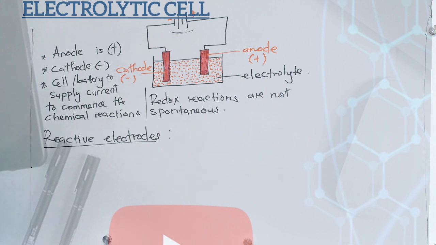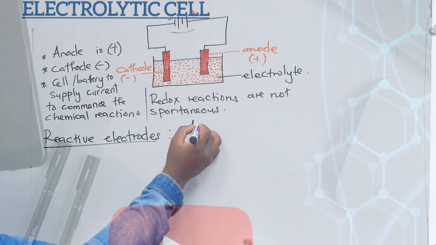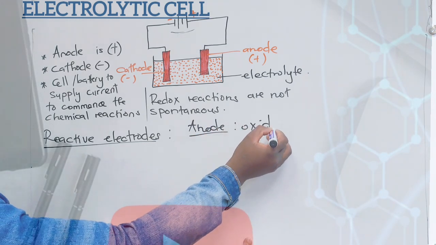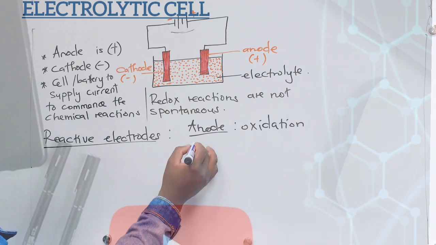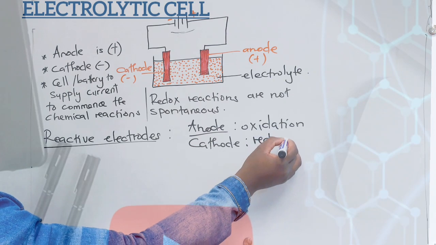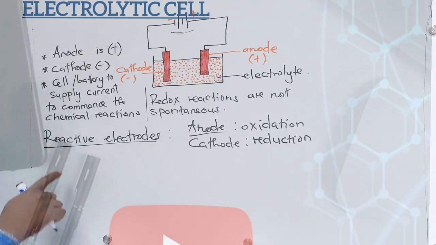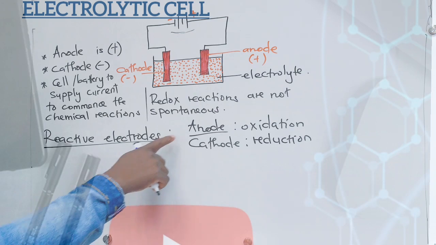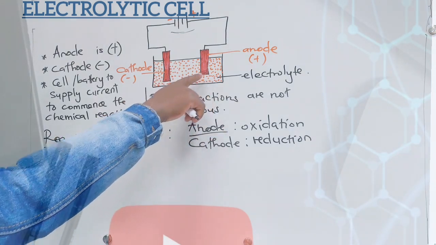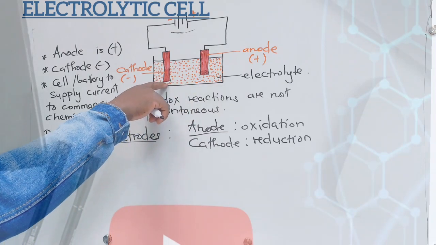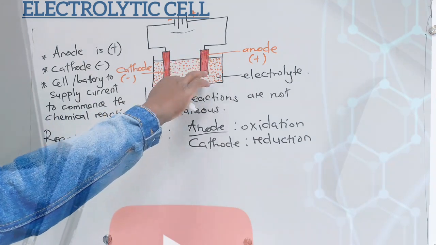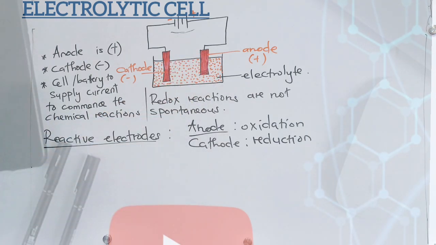Because oxidation takes place at the anode, and at the cathode there is reduction. So if we are using a reactive electrode, the anode, for example here, will be corroding, while this one will be gaining more mass, because the ions are being transferred to the negative electrode.